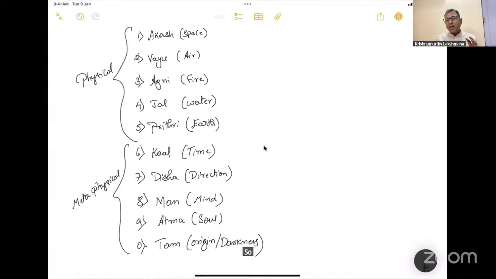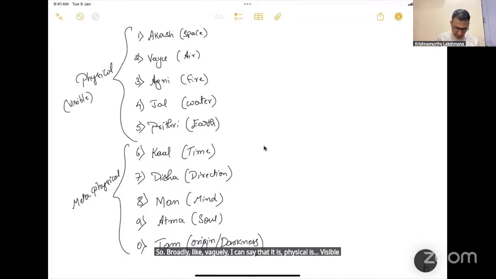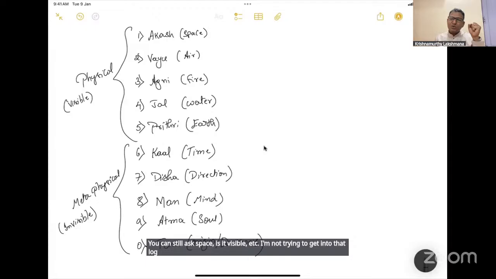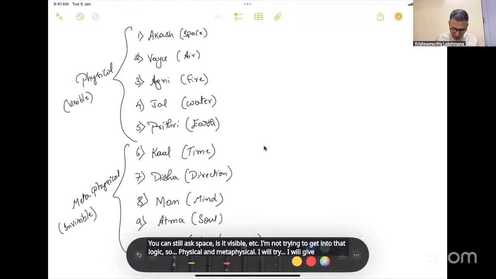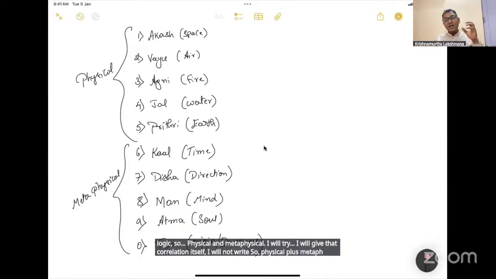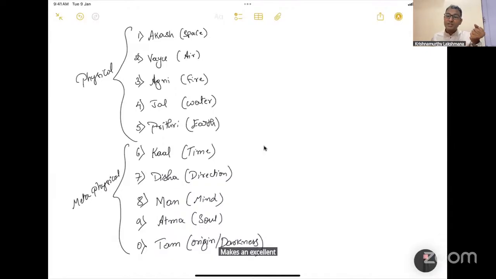So broadly, vaguely, I can say that physical is visible, metaphysical is invisible. You can still ask about space, is it visible, etc. I am not trying to get into that logic. So physical and metaphysical, I will give that correlation itself. I will not write. So physical plus metaphysical makes an excellent, sophisticated piece of machine. That is the human body, right?